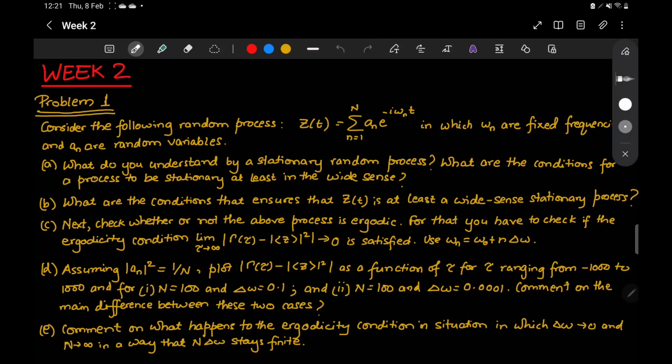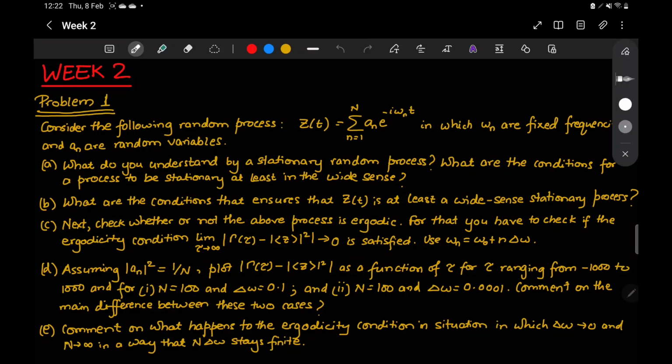Part C. Next, check whether or not the above process is ergodic. For that, you have to check if the ergodicity condition, which is given as follows, limit tau tending to infinity of mod of gamma(tau) minus expectation of z mod squared tends to 0 is satisfied. And we are given a hint that we can use omega_n equals omega_0 plus n delta omega.